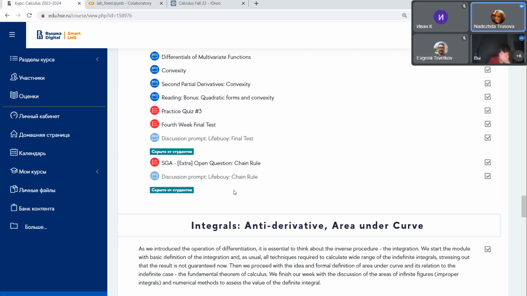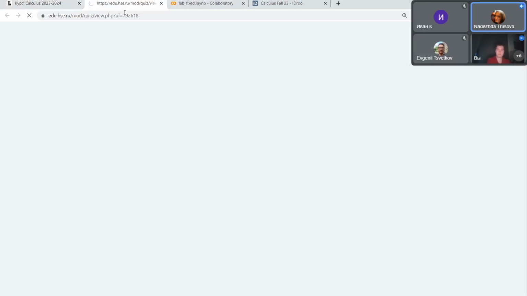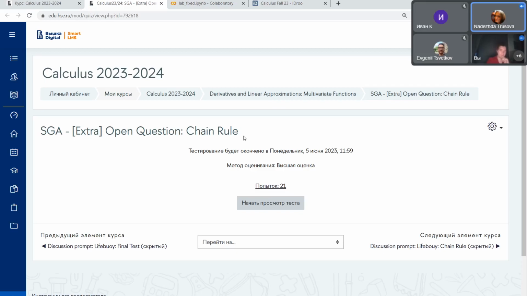It seems like it has equal partial derivatives at the point 0, 0, but if we substitute x as a function of t and y as a function of t, we have another value and the chain rule doesn't work. So my idea is just to say that at the point 0 it's not differentiable.